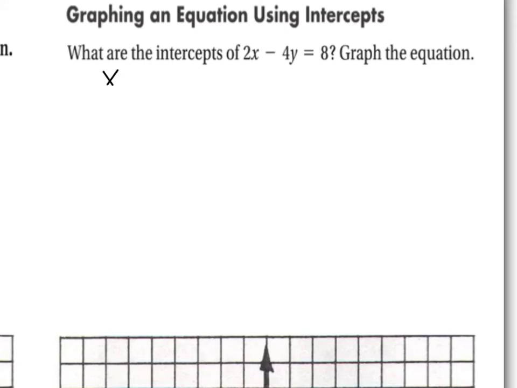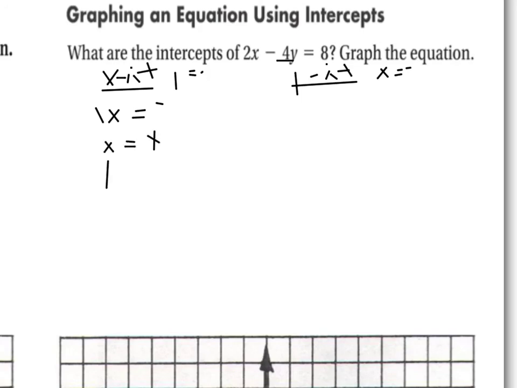So, again, we've got to find the x-intercept and the y-intercept. For the x-intercept, y is 0. For the y-intercept, x is 0. So if I put 0 in for y, I end up getting 2x equals 8, because, again, this part right here is going to go away. So if I do that, x is going to equal 4, and I have the ordered pair (4, 0).